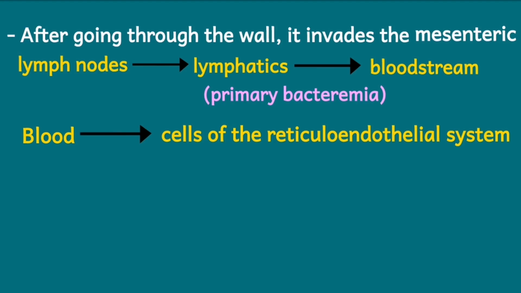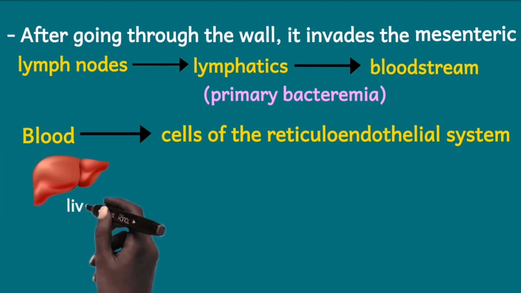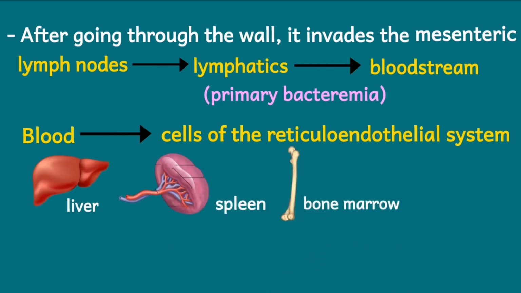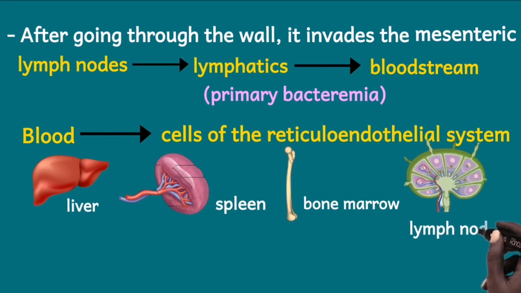And so the organs which make up the reticuloendothelial system mainly are the liver, the spleen, the bone marrow, and then the lymph nodes. And so the Salmonella targets the macrophages in these organs. They invade the macrophages of these organs and multiply in them, after which they are spilled into the blood again.